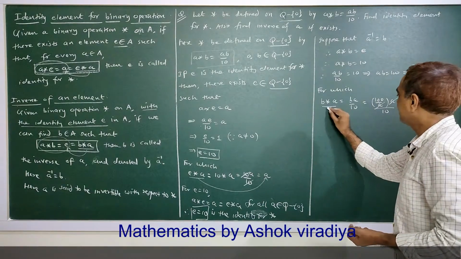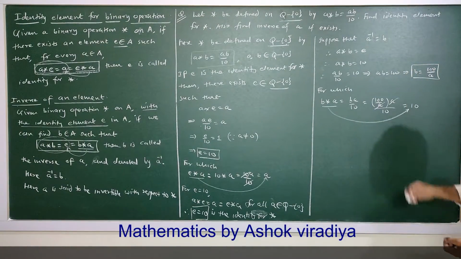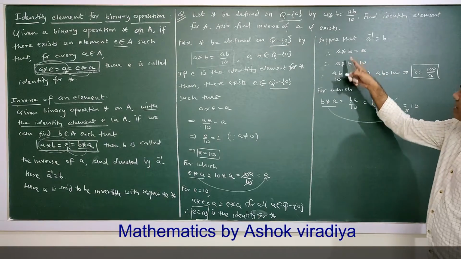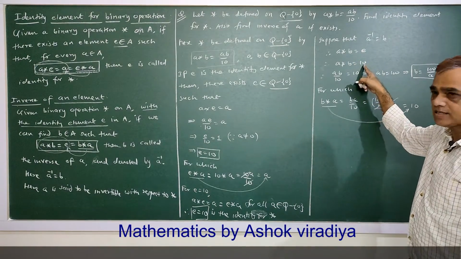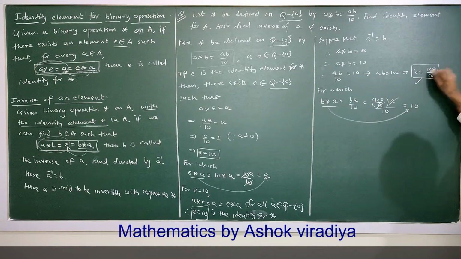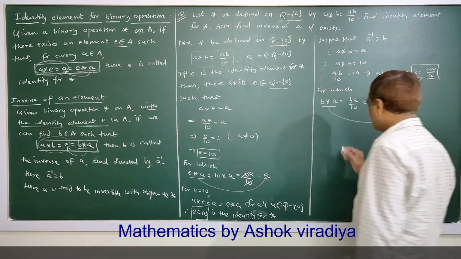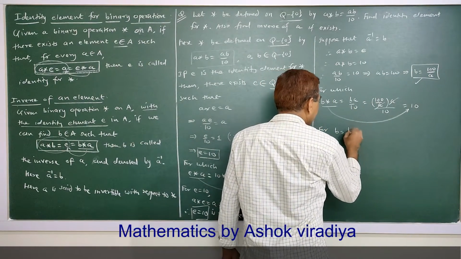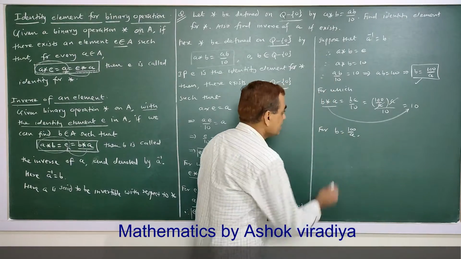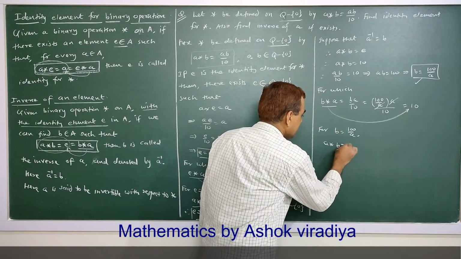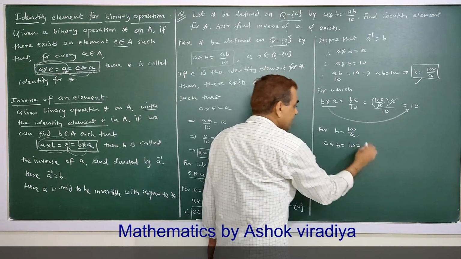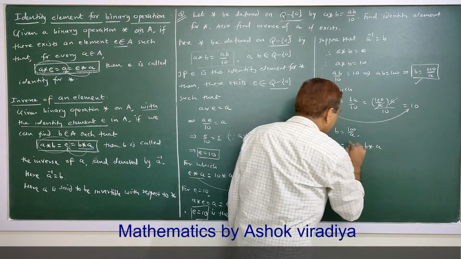So B star A is 10, and A star B is 10 for this value of B. Therefore, for B equal to 100 upon A, A star B is 10 and B star A is also 10.